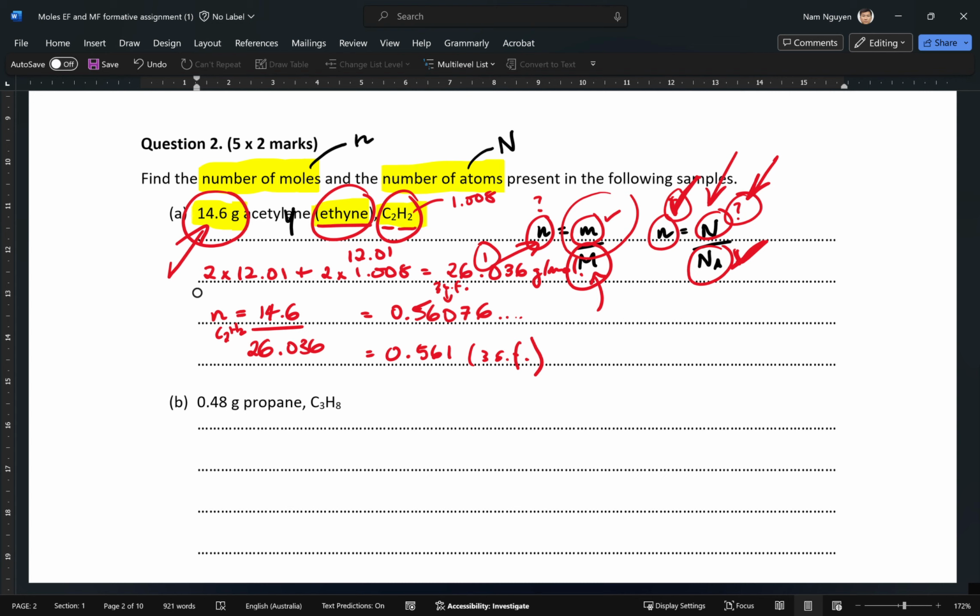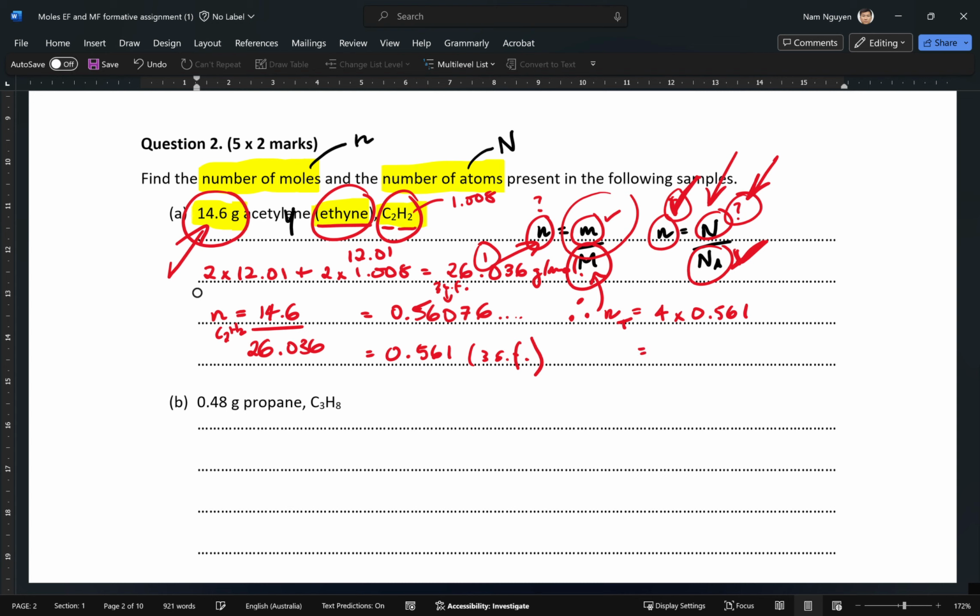So we can say that because we have 0.561 moles of ethyne, and because there are 4 atoms, 2 carbon, 2 hydrogen, in an ethyne, we can say that therefore the number of moles that we have here is going to be 4 times, let's call that total, 4 times 0.561.